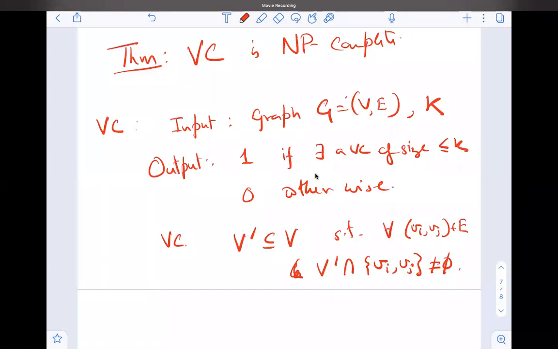Sir, are we assuming here that VC is already in NP? Yes, let's think of VC as in NP. I don't want to go into that. Good, so that is the first part. Then we need to show that SAT can be reduced to VC.